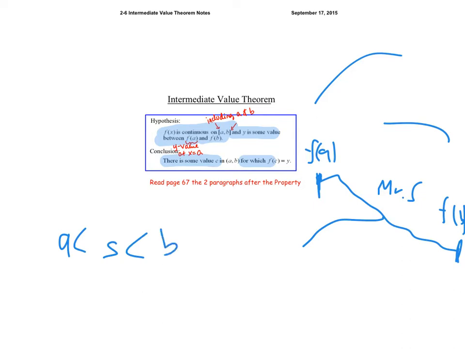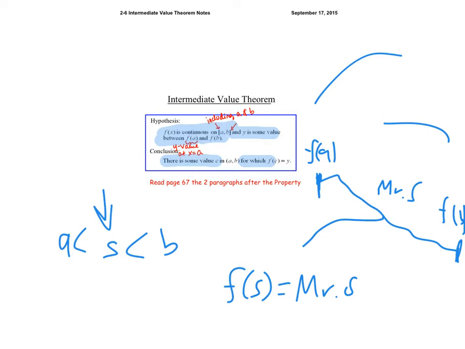There has to be a value, that value I'm looking for, and it exists because this is continuous. There has to be a value between those two, where if I plug it into my function, I get Mr. S. That's all this theorem is saying.